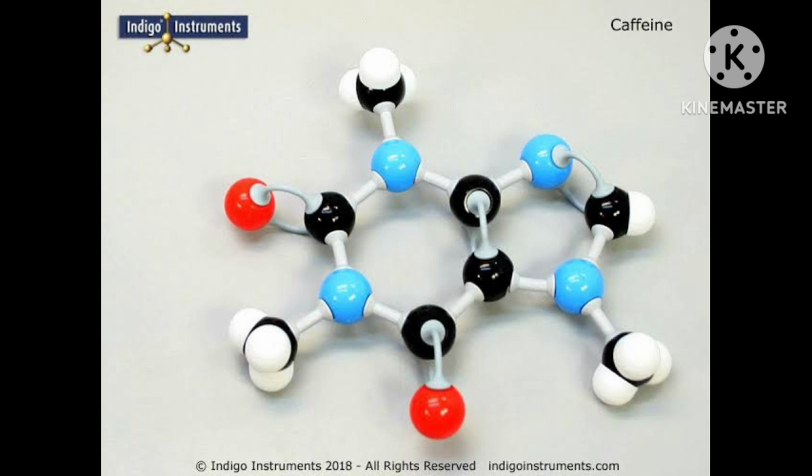Then we use the solid wedge, bond towards the observer, that is the dark bond. That is called the solid wedge, bond towards the observer, meaning the front side.